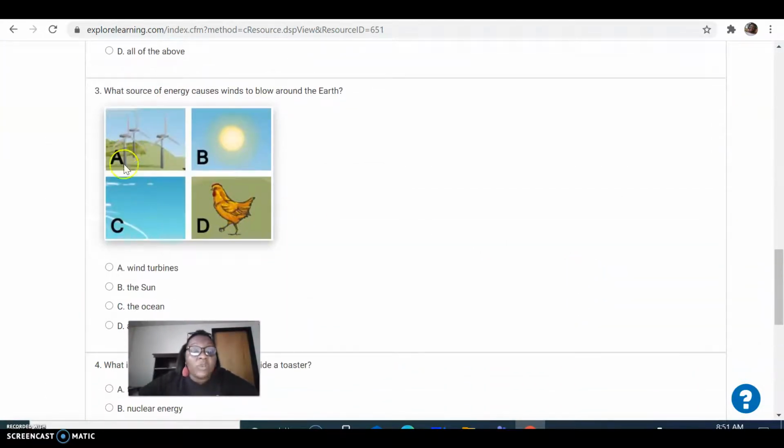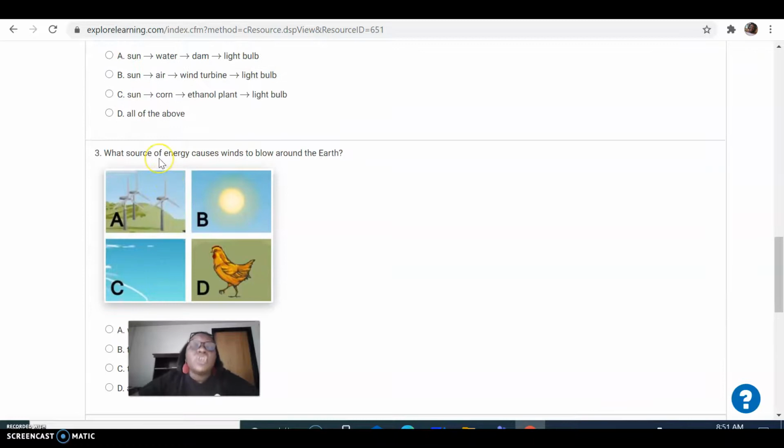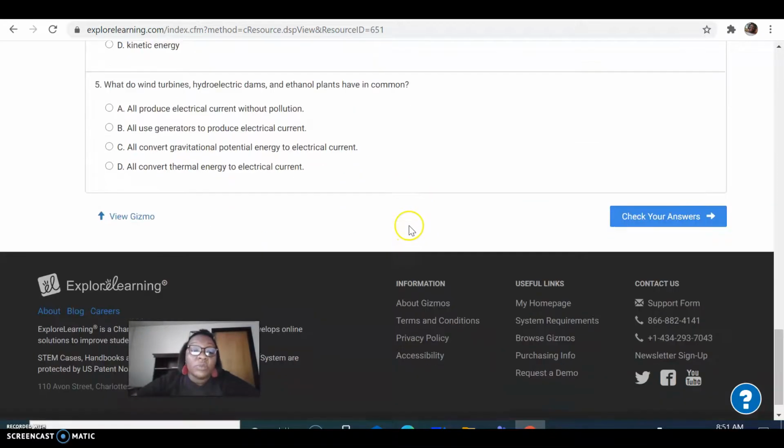So you may want to click on the wind turbines, the sun, I think this is the clouds, or the chicken. So you want to see which one of these is the source of why wind blows around the earth. Think about it this way. Which one of these is powerful enough to cause wind to blow? Would a chicken? So use process of elimination if you need to.